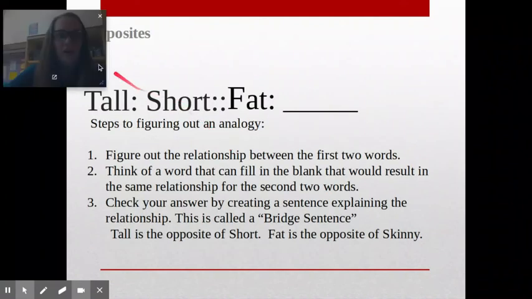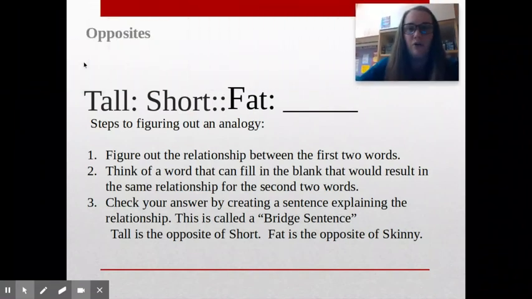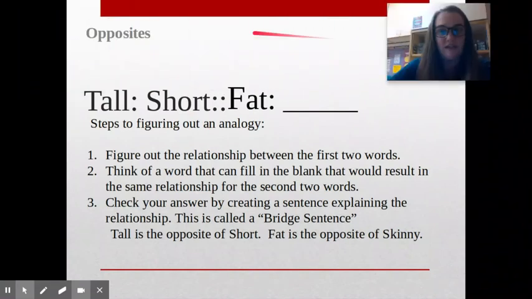Let's keep going. This pair worked because they are opposites. So remember when I said that you have to figure out the relationship between the words? In this case, the relationship is opposites. So tall and short are our first pair of words, and they are opposites. So once you figure out the relationship between the first two words, it says think of a word that can fill in the blank that would result in the same relationship for the second two words.